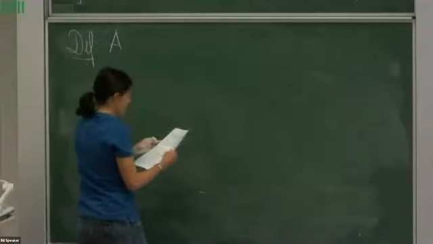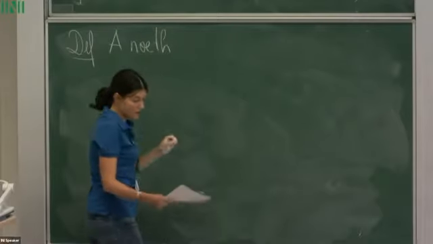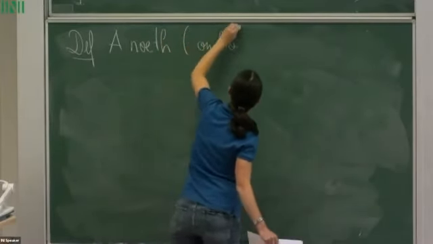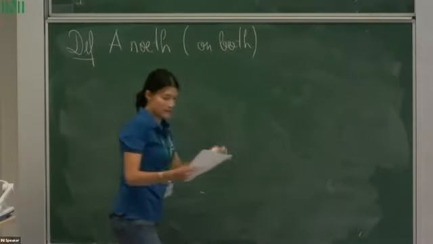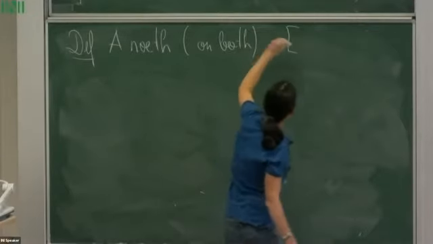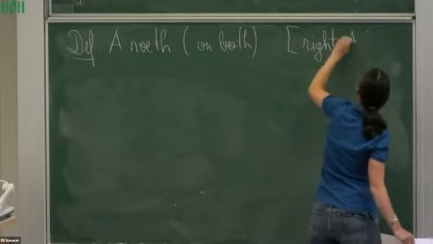A is Noetherian, so now not necessarily commutative, but I always assume it's Noetherian on both sides. And I'm not really using any sides of modules, but if in doubt, I'll consider right A modules.